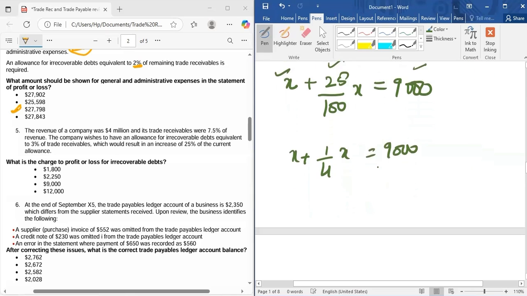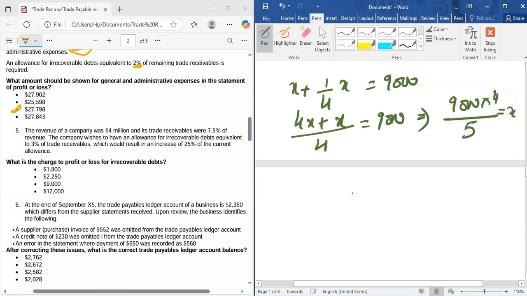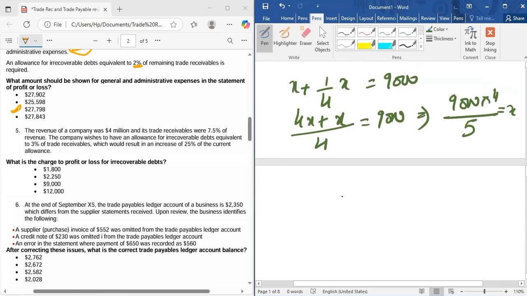Then take the LCM 4, it would be 4X plus X equals 9,000 into 4 upon 5. So initially our allowance was, let us calculate our X. This would be 9,000 into 4 divided by 5, 7,200. So our initial allowance was 7,200, and now our new allowance is 9,000.